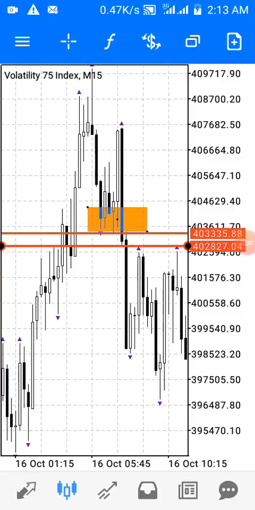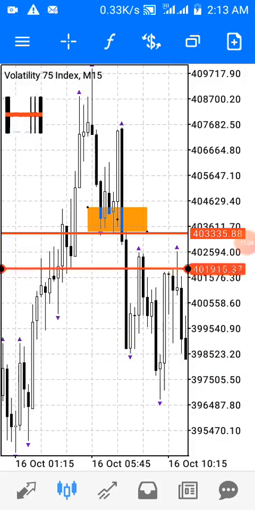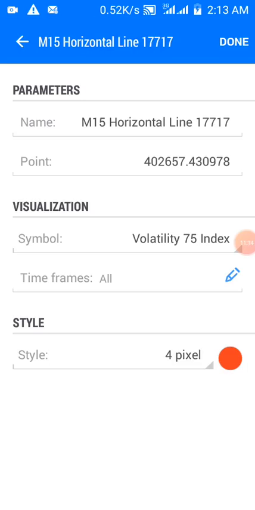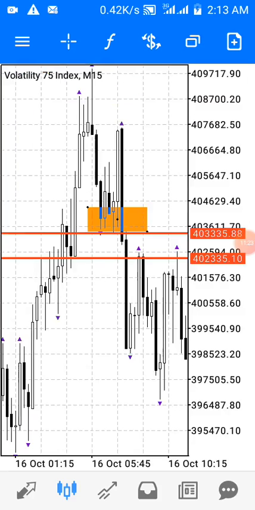So if my sell position is 403335, then 1,000 points below that for volatility 75 index will be 402335. Let me edit this. 402335. That will be 1,000 points below the sell position.